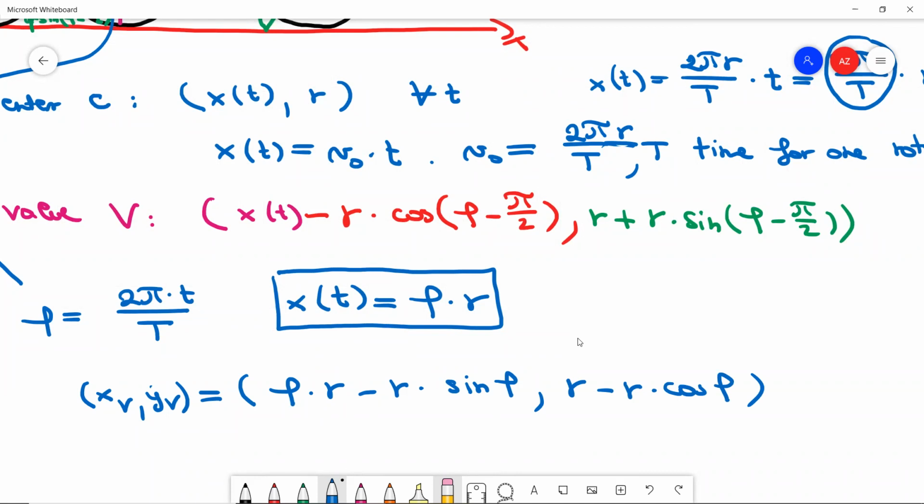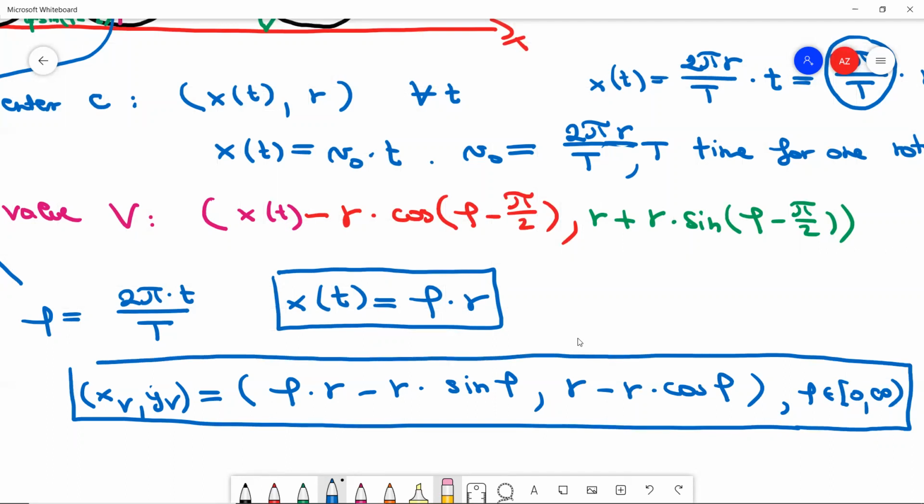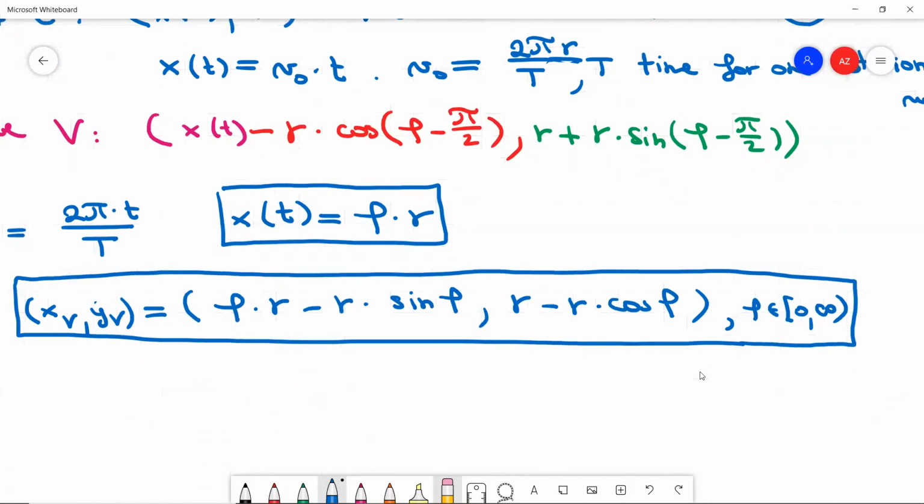So yeah, and then here phi goes from 0 to infinity. So this is our cycloid.